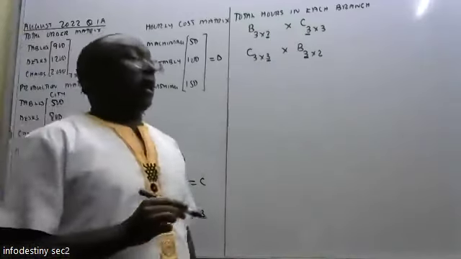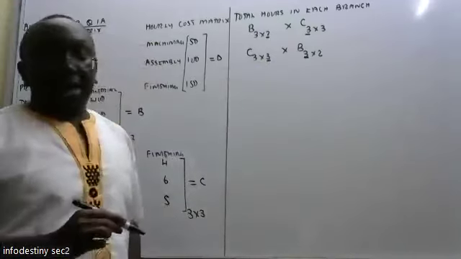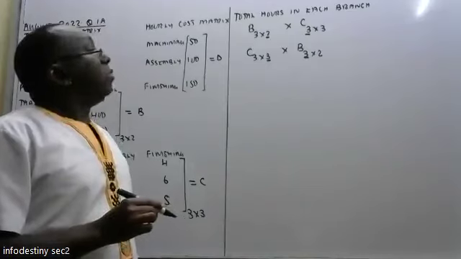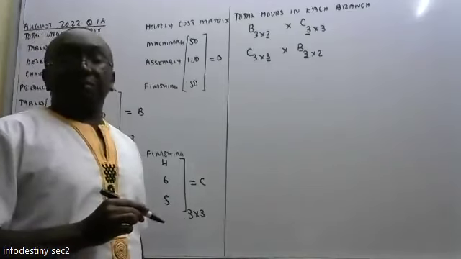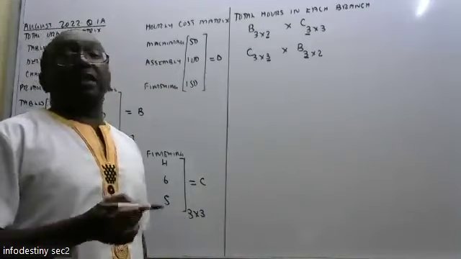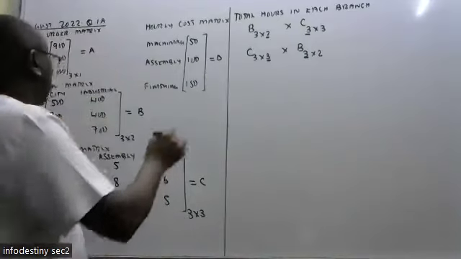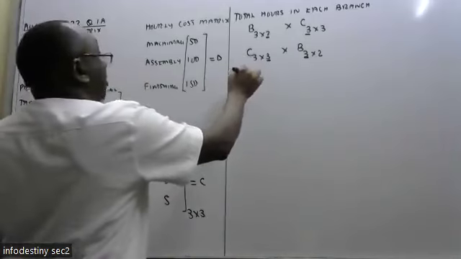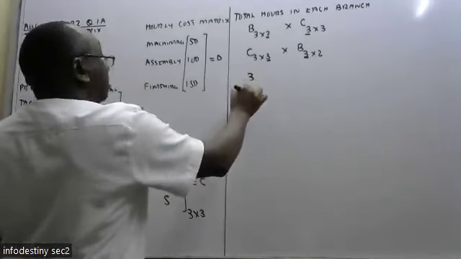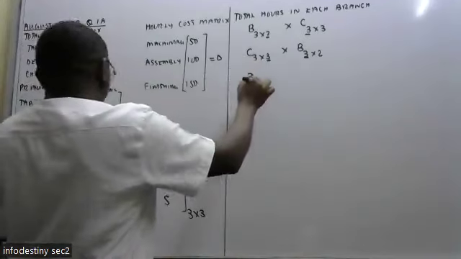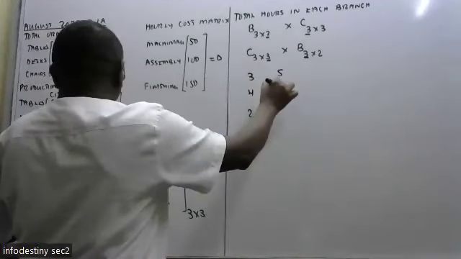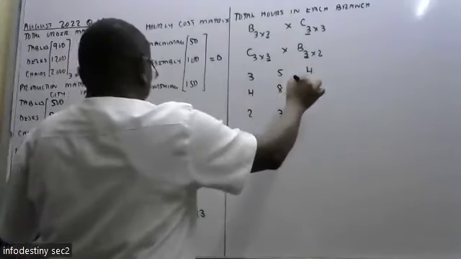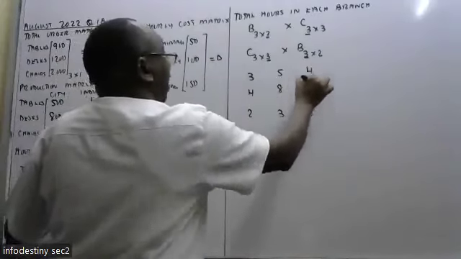But when you are multiplying in commercial applications, you also need to check whether they make sense. According to this, I start with the 3 here. This is 4, this is 2. This is 5, this is 8, this is 3. This is 4, this is 6, this is 5.